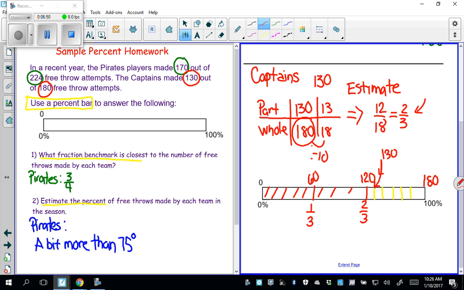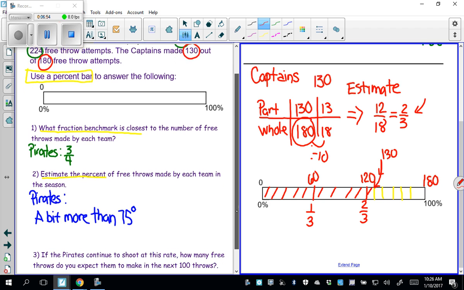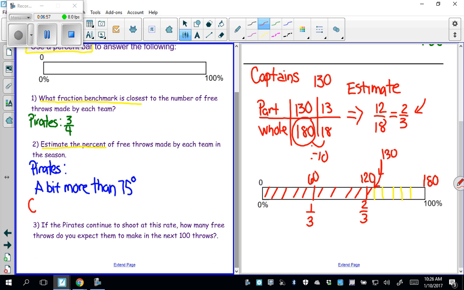So the benchmark fraction for the Captains is a bit more than, we have to remember that percent. So for the Captains, the fraction is about 2/3.